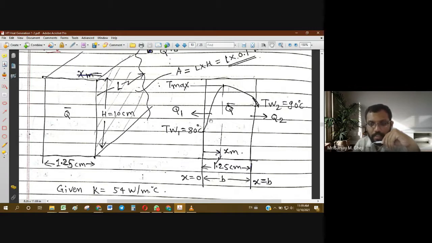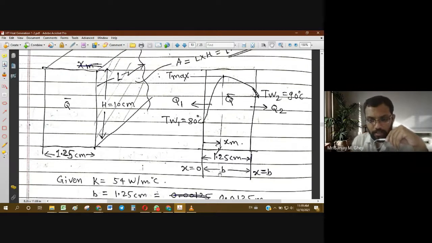So it is clearly a case of unequal temperatures. Let Q1 be the rate of heat transfer passing through the left face, and Q2 be the heat conduction on the right face. The addition of the two will equal the total heat generation within the wall. This is the thickness b, which is equal to 1.25 centimeter.